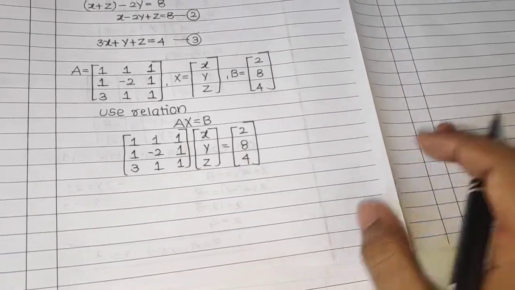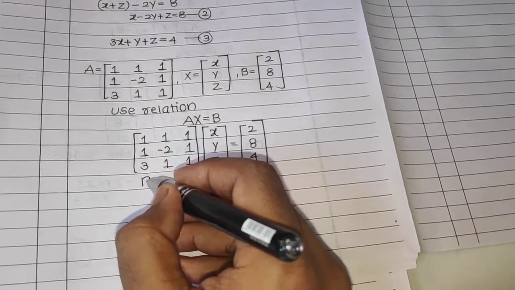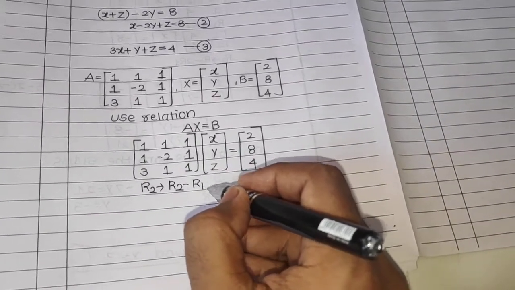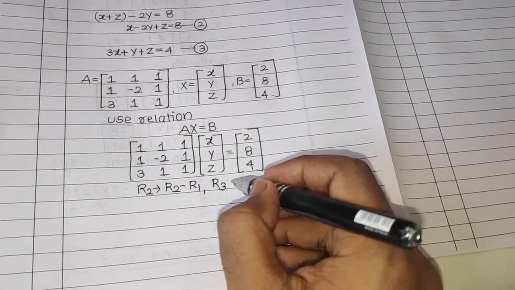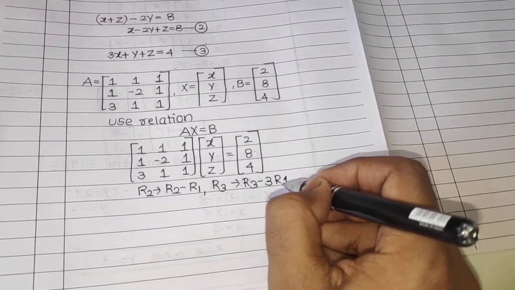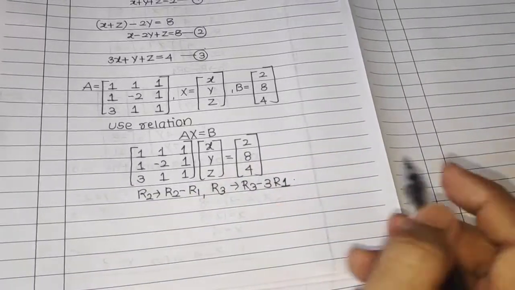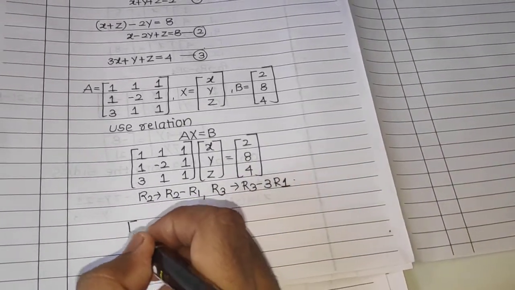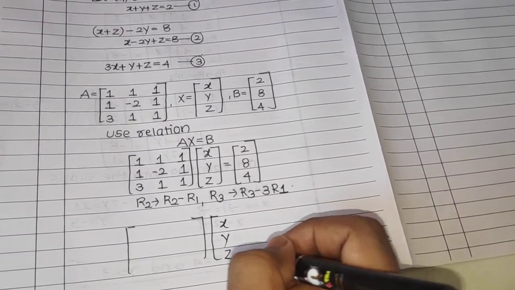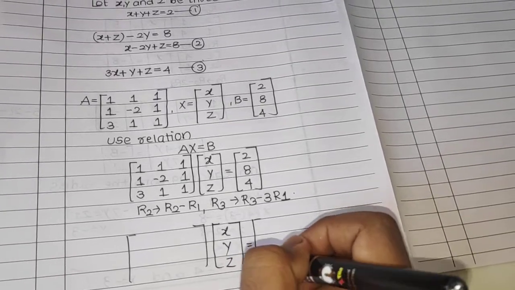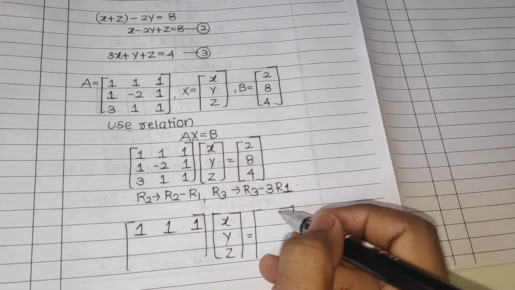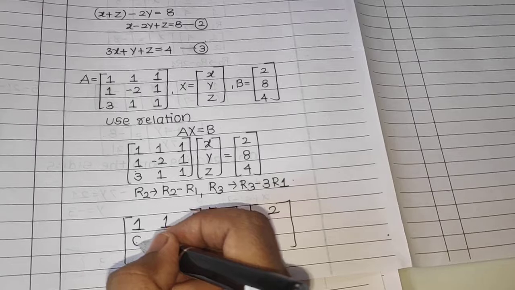Now how am I going to convert this to UTM? The first I can make 0 by the operation R2 changes to R2 minus R1 and R3 changes to R3 minus 3R1. So what do we get? Definitely R1 remains unchanged. 1 minus 1 will be 0.